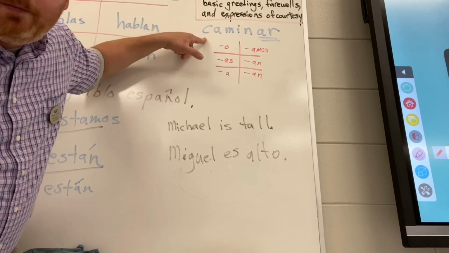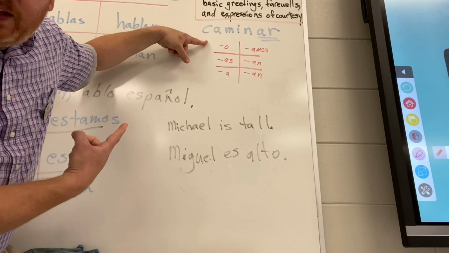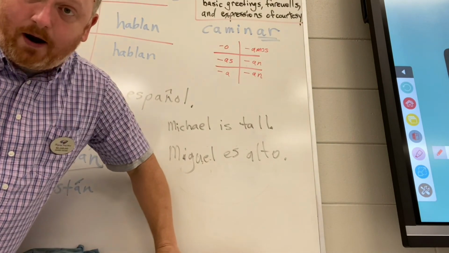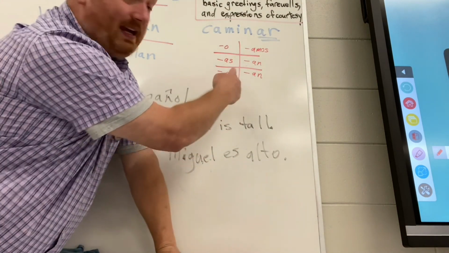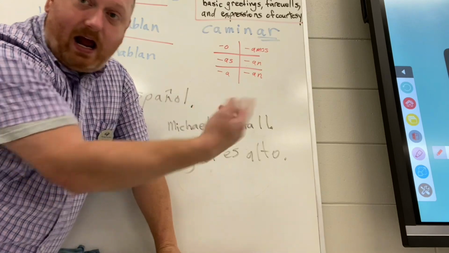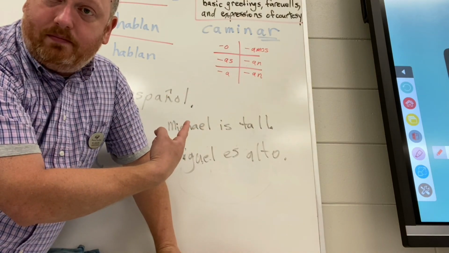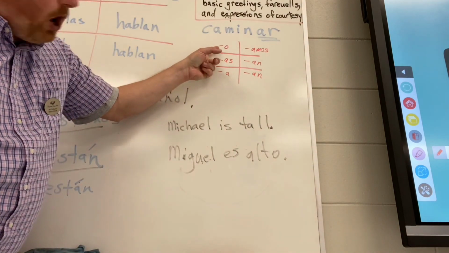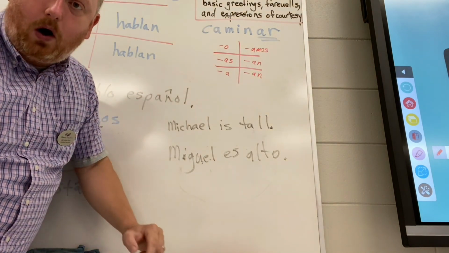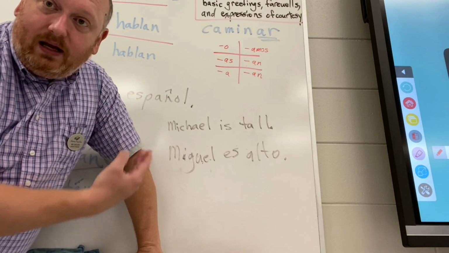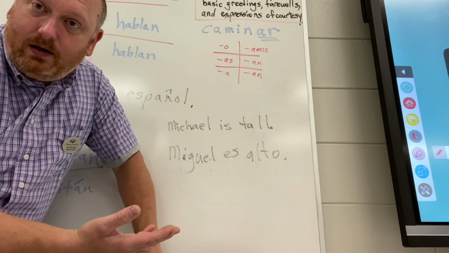So here's an example right here. I'll give you a verb you've never seen before. I haven't told you about this one. It's caminar. Caminar means to walk. So I can stick these endings on it, and I already know how to use that verb. I can say camino, I walk. Caminas, you walk. Camina, he or she walks.